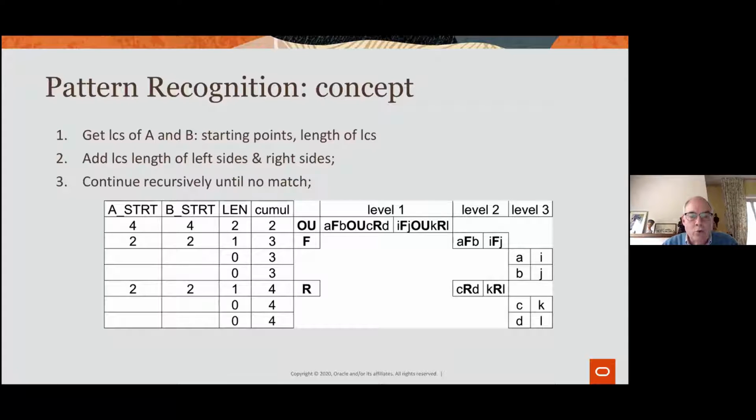Now, the actual algorithm says that once that is done, you multiply the cumulative length by 2, and you divide that by the sum of the lengths of the original strings. So in this case, you would get 4 times 2, which is 8, divided by 16, so the numerical result is 0.5.